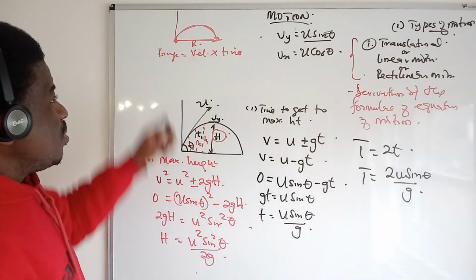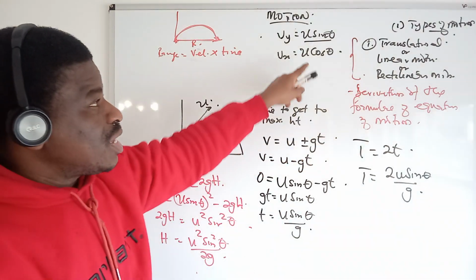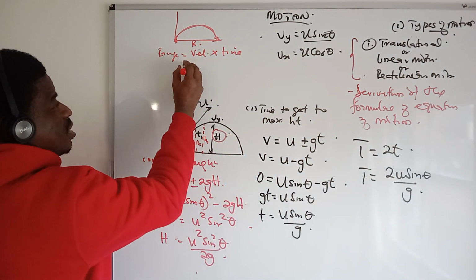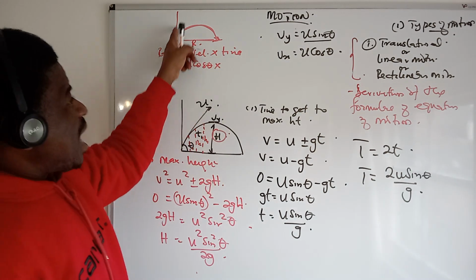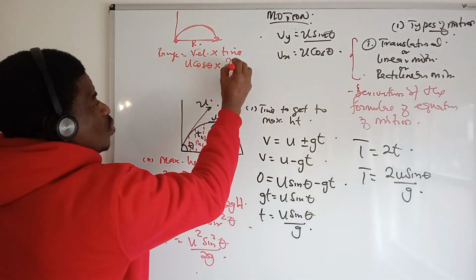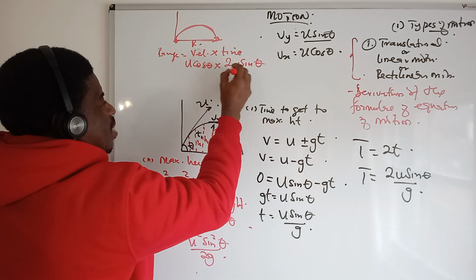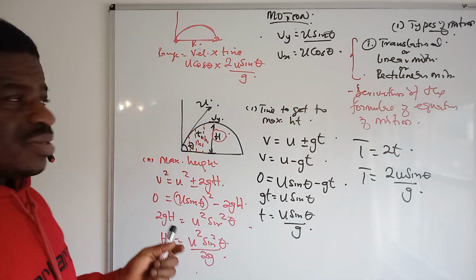You understand? So, what is the velocity taking it along the horizontal axis? It is u cos theta, times what? The time of flight. The time of flight is 2u sine theta all over g. You see? As simple as that.